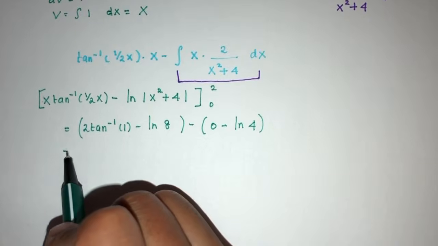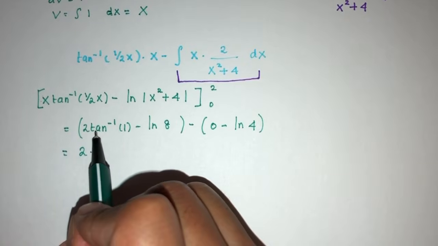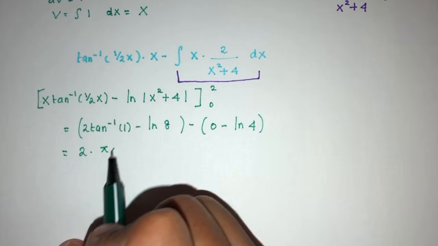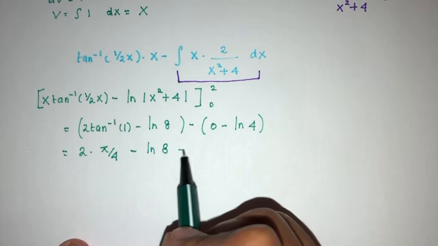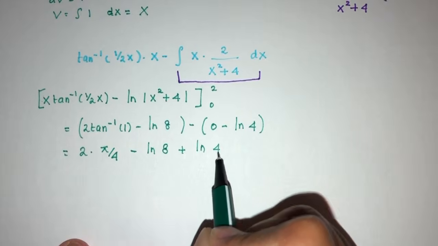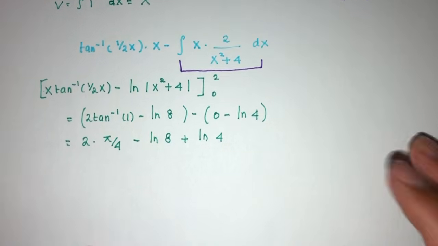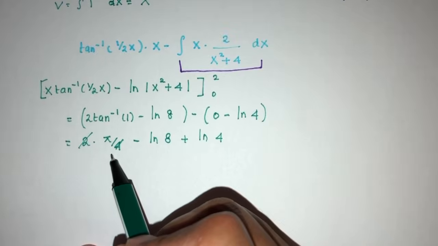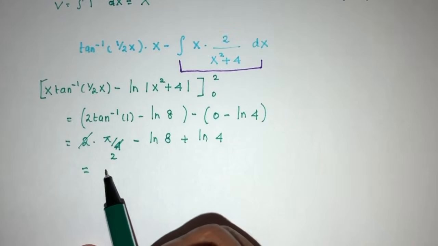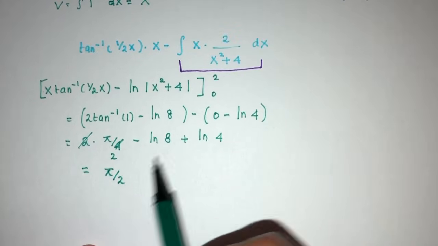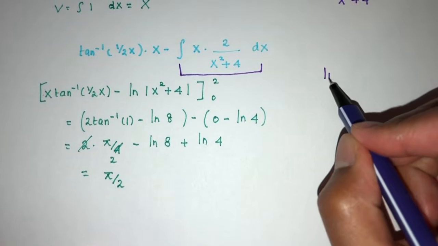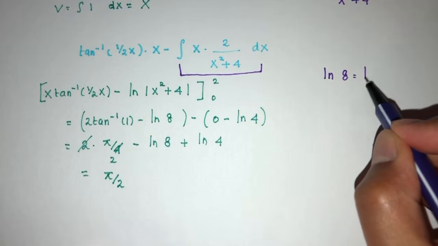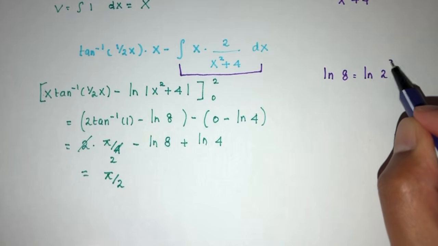So let's simplify. 2 times tan inverse of 1 is pi by 4, minus ln of 8, minus minus is plus ln of 4. So let's see how we can simplify this. This and this will cancel out, so you have pi by 2. And for this one, it's pretty interesting. If you realize, ln of 8 is the same as ln of 2 to the power 3.